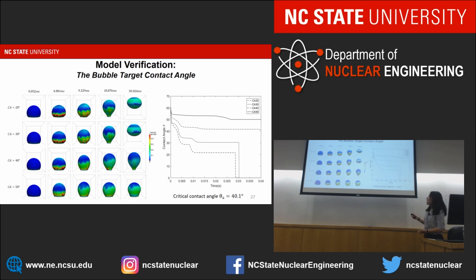Because the critical contact angle is 41, any value smaller than this will cause a departure, as we observe here. But when the target contact angle is 40 and 50, we could see that the bubble stays on the wall, and the code is able to maintain the correct contact angle.